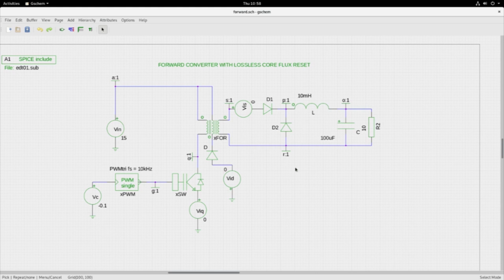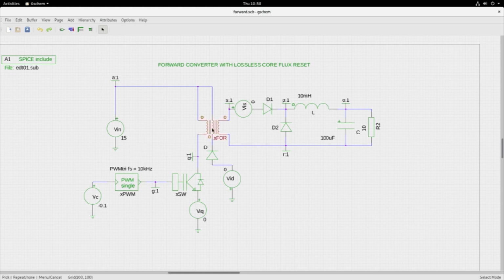All other aspects of this forward converter is the same as we have discussed previously. We will simulate this and try to understand how this lossless core reset happens.